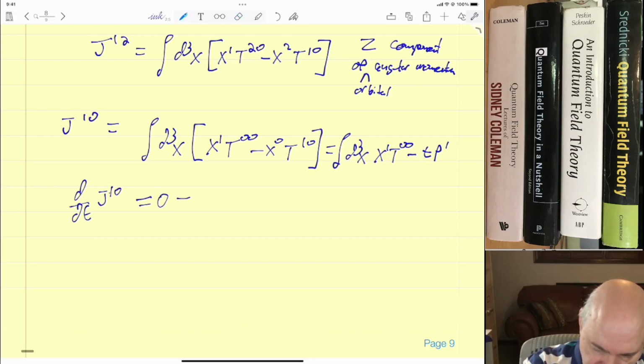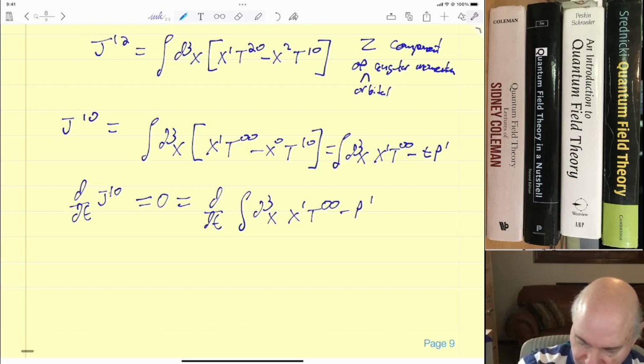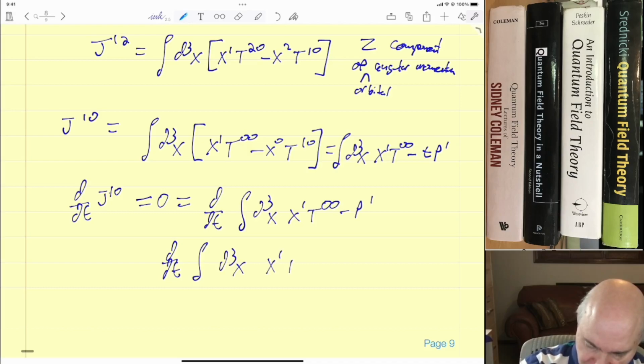This is equal to 0, and this says basically d/dt of the integral of d^3x x^1 T^00 minus p^1. So what it's saying is that the change in this quantity, which you should recognize, is just the x^1 component of the center of energy.